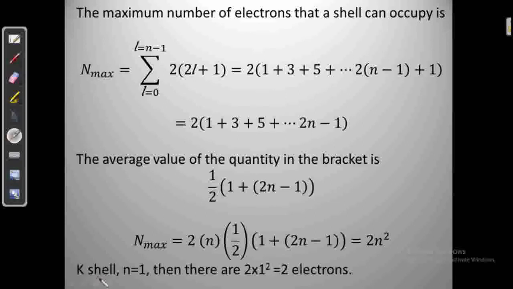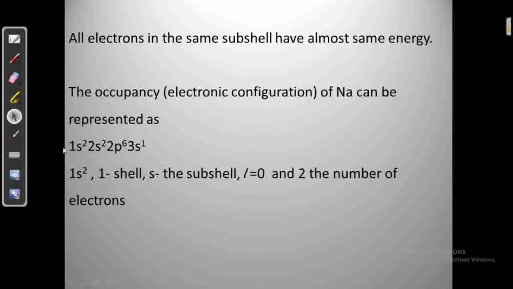So for the K shell, n equals 1. So the maximum number of electrons in the K shell is 2 electrons, that is 2 into 1 square, that is 2 electrons. For n equal to 1, L equals 0, so only one subshell will be there, that is L equal to 0.